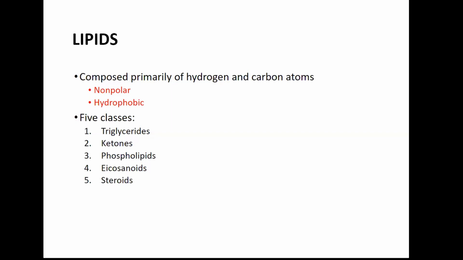Because lipids are composed only of hydrogen and carbon, which have similar electronegativity, a bond between a carbon atom and a hydrogen atom is nonpolar. And because lipids are almost entirely carbon and hydrogen, our lipids are nonpolar.